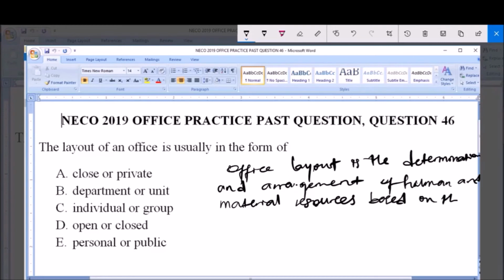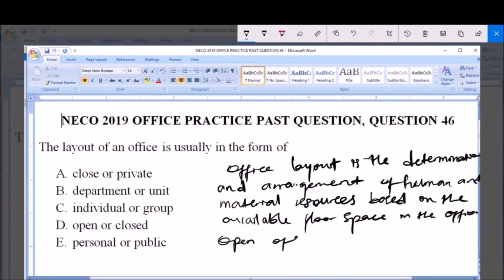So this is a definition of an office layout. Now, office layout is presented in 2 forms, and these are the open office layout and the closed office layout. So these are the two forms by which office layout is presented.